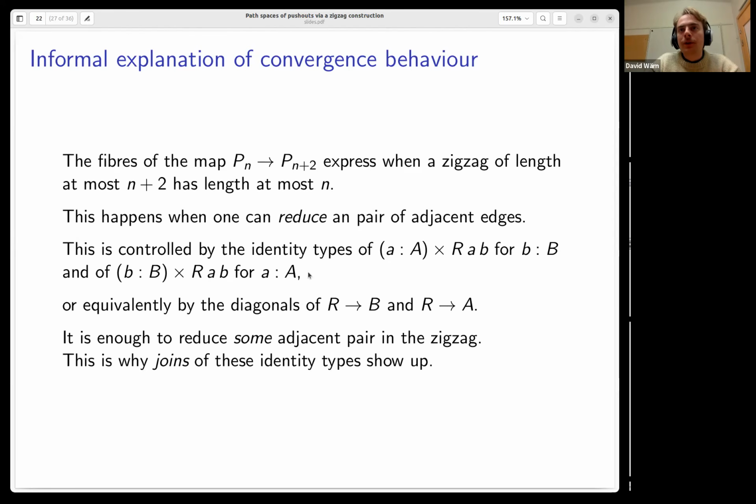And these two types you can think of more diagrammatically as the fibers of the diagonals of the projections R to B and R to A, if we picture R as a total type. So if we picture this relation instead as a span. I will be sloppy and switch, because I don't have a good notation for the total type associated with the relation R, of all a in A, b in B which are related.